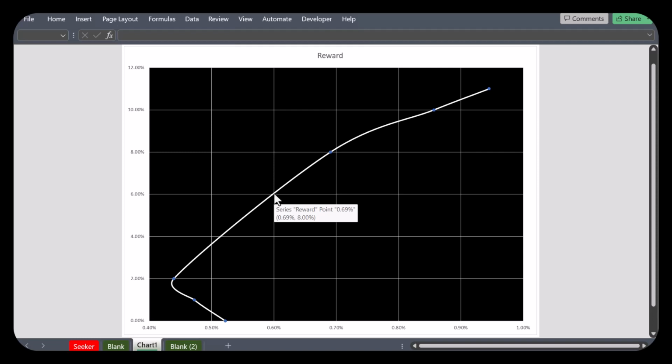If you go left, it's not feasible. Anything down and to the right, they're inefficient to begin with. So the only way you can increase that return is to assume higher risk. So if I want to increase my return from 6% to 8%, I have to take higher risk. Before it was 0.6, now it's 0.7.